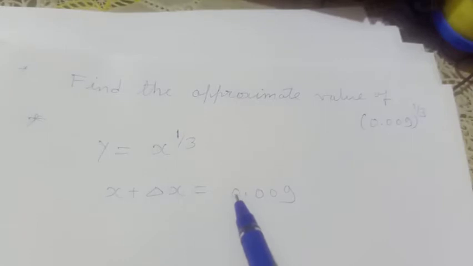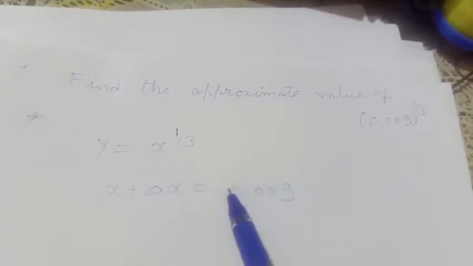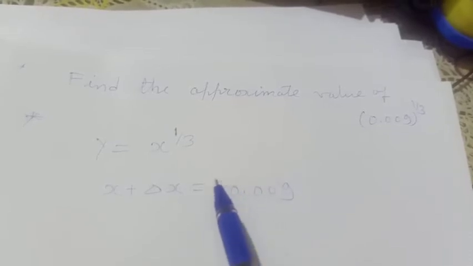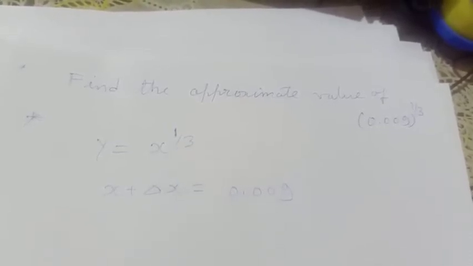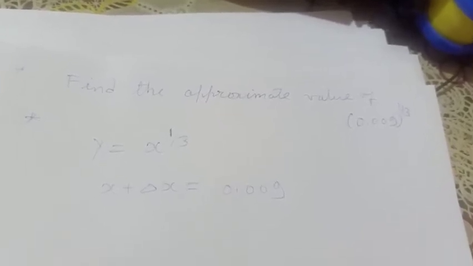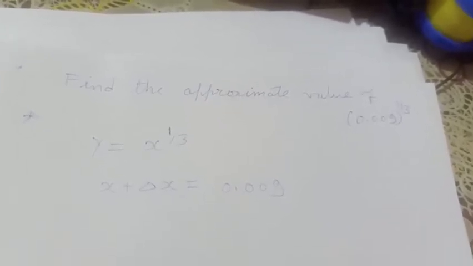So think about a number in the vicinity of 0.009 whose cube root is possible. We can easily see that if we take x equal to 0.008, then the cube root of 0.008 is possible.